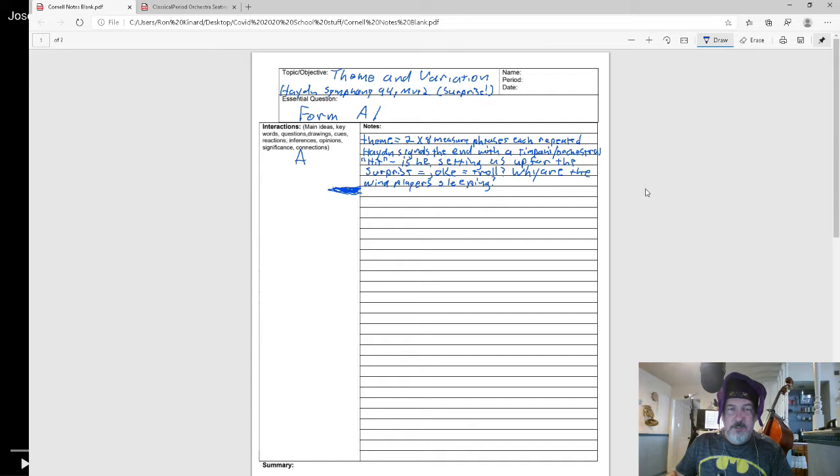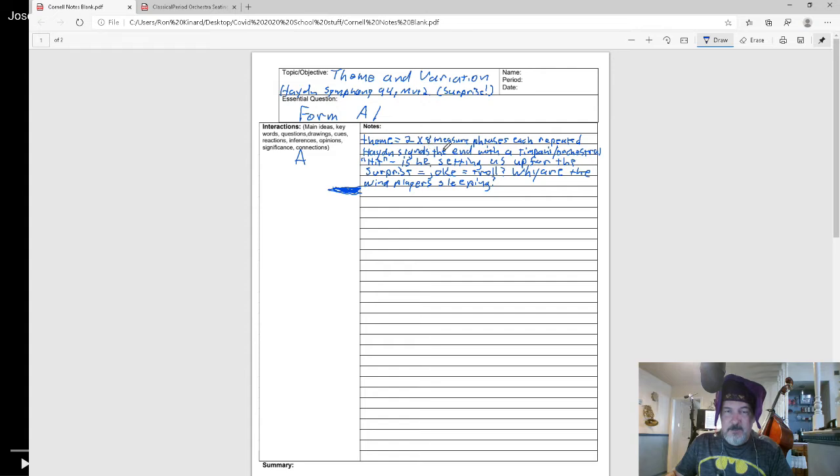And once you have unpaused, here's our header: theme and variation, Haydn Symphony number 94, movement 2, Surprise. Form, so we have A. A will be our main theme. So our first section is A, and I've gone ahead and written the notes here. The theme equals 2 times 8 measure phrases, each repeated.